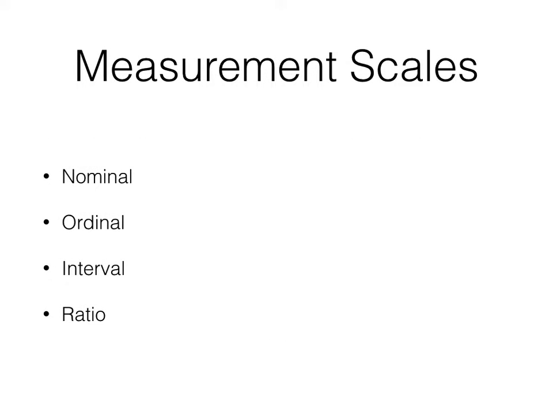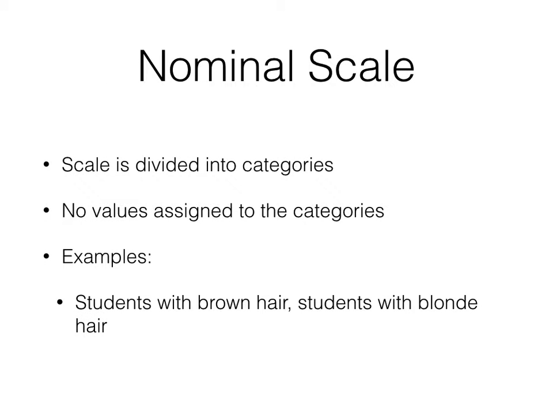Moving on and talking about some of the different types of measurement scales, we'll be going over nominal, ordinal, interval, and ratio scales today. Nominal scales are scales that divide data or divide scores into categories. So there are no values assigned to the categories.